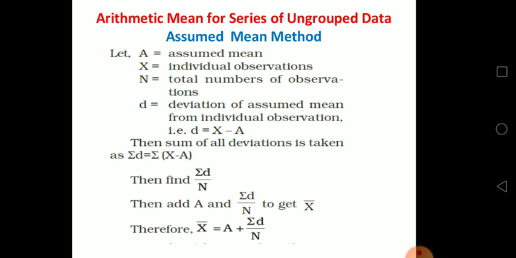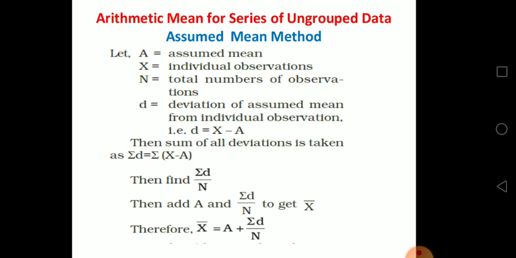If A is the assumed mean, like I said, X represents the individual observations, N is the number of observations, while D is the deviation of the assumed mean from the individual observations. Of course, my assumed mean is A, so the deviation will now be: take the individual observation, subtract the assumed mean from it, and that gives you the deviation.